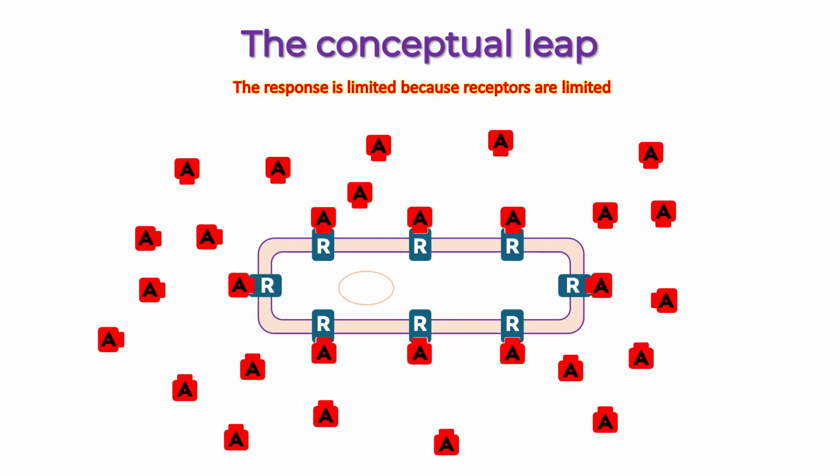Increasing the agonist concentration further would produce no additional effect because there are no receptors left to be bound and activated. So, if a drug acts by binding to receptors and receptors are finite, then the response must eventually saturate.